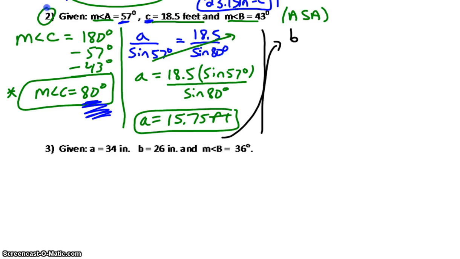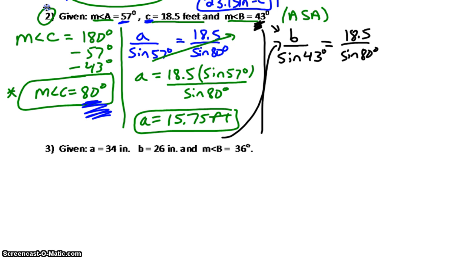So I'm going to set it up the same as before. My unknown I want on top, which is side B. So that is over my sine B, which is 43 here. That will equal, I can use any, but again, I don't want to use rounding errors when possible. So I will use side C, which is 18.5, divided by the sine of 80 degrees.